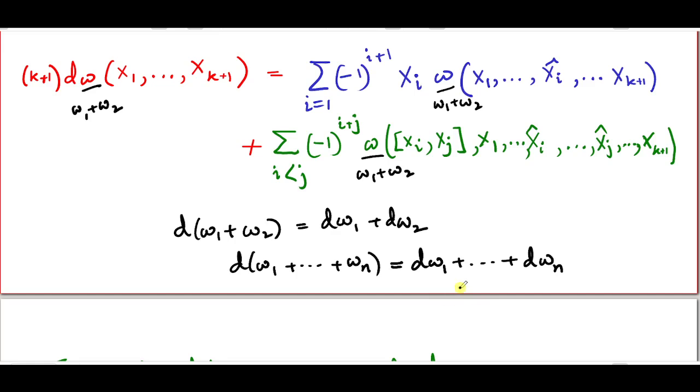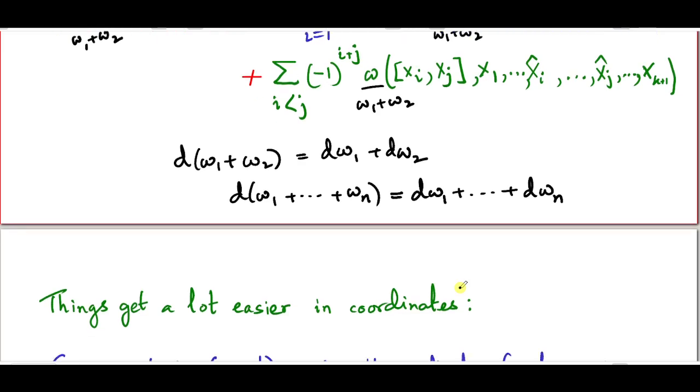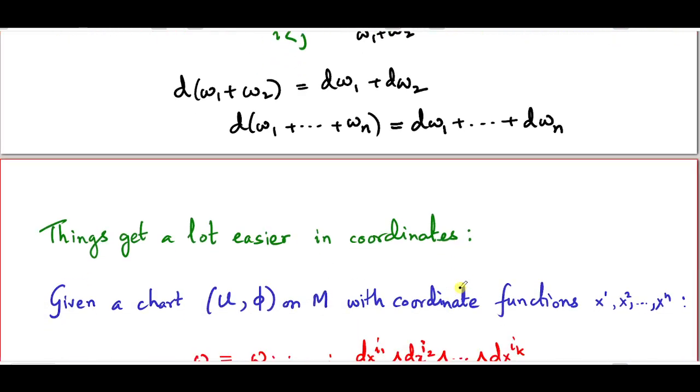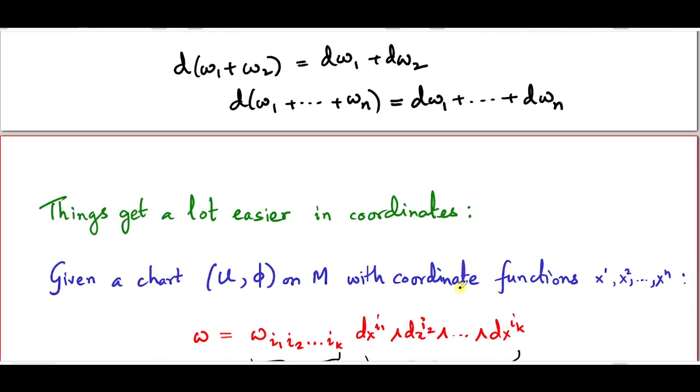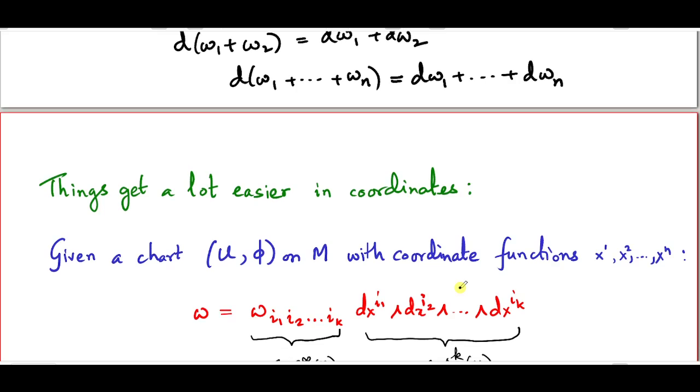finally added together. Now I will need this result simply because the basic form that we use in coordinates, that is, given a chart (U, phi) on M with coordinate functions x1 through xn, omega can be written down in this form. This is really not just a product of a function with a k form, but a sum of many such products.